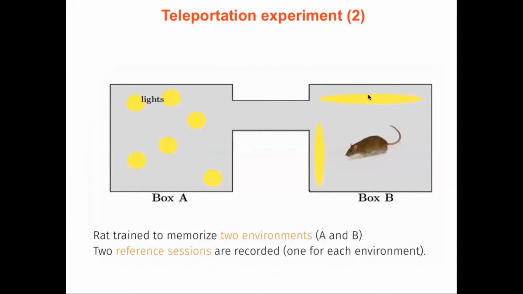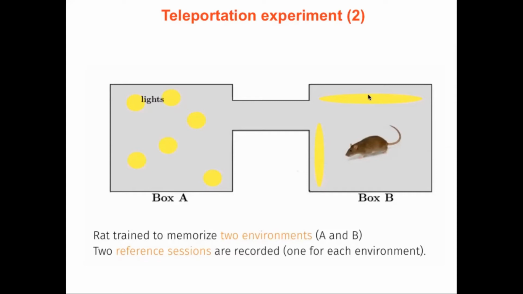In the first room, which I call box A, some lights were on the roof, and in the second room, box B, we had some lights located on the walls of the box. And the two rooms were connected by a corridor which is about 2 meters long. My drawing is actually wrong here because the corridor should be much longer, about 3 times longer than the width of the box.